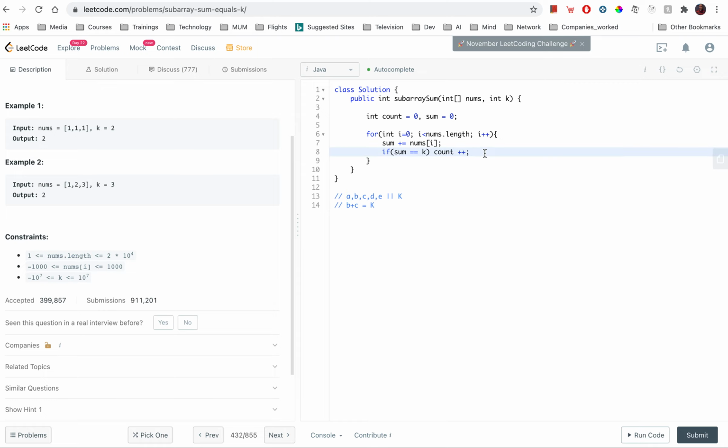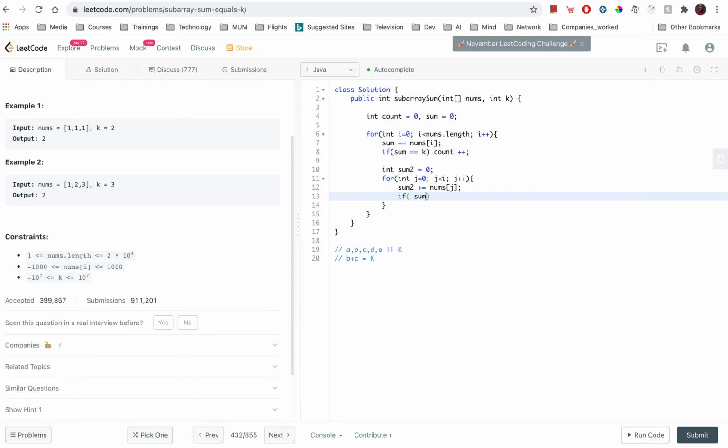So we can have another for loop here, and we can declare another variable sum2 equals 0, for j equals 0, j is less than i, j plus plus, sum2 plus equals nums[j].